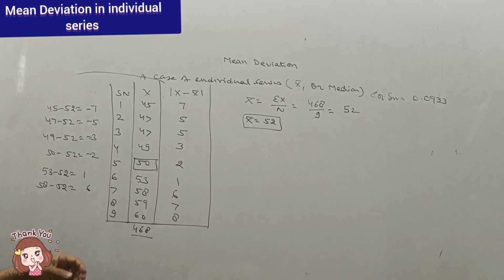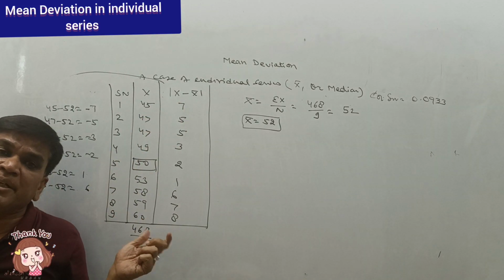So these are the values of deviation taken from the arithmetic mean.